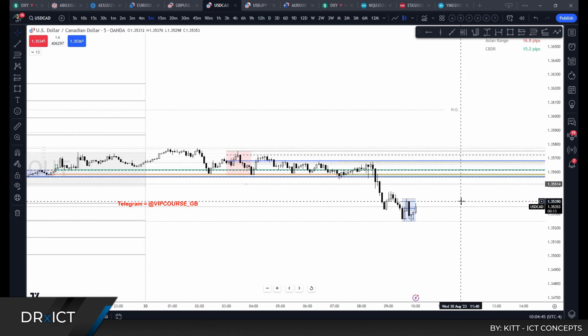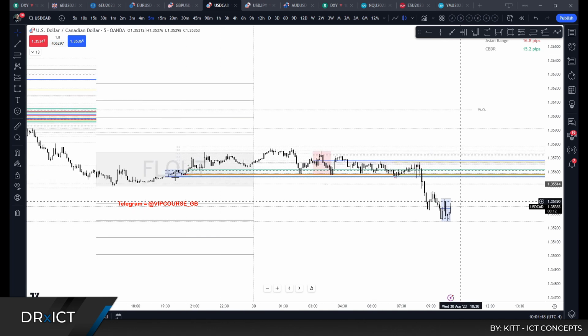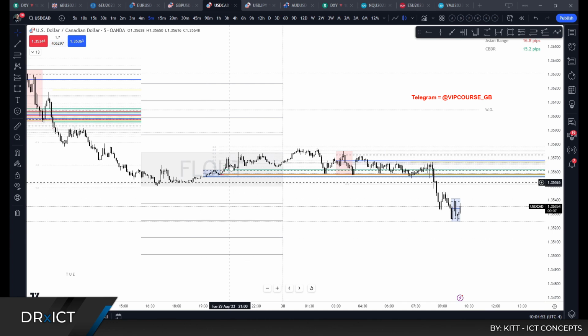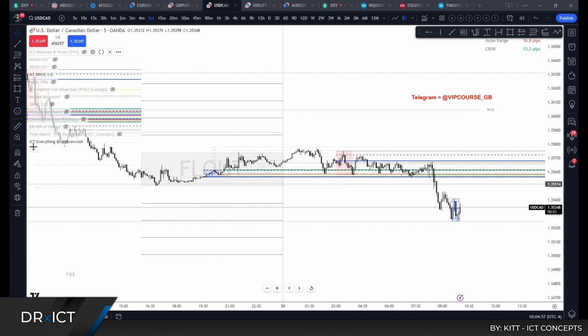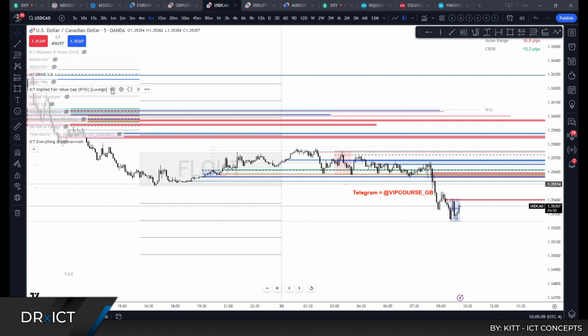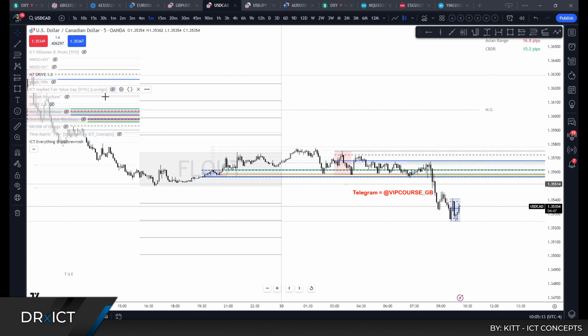ICT everything is a new one that I've added as far as an indicator goes. These projected levels coming off of the float, I find extremely powerful. So ICT everything is one. Your M drive, your M7 drive, your NDOG, your NWOG. These implied fair value gaps I think are decent. I like those a lot.